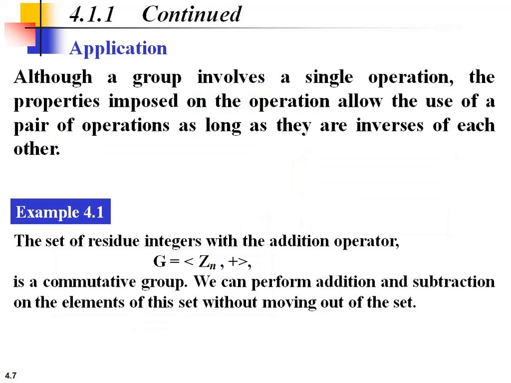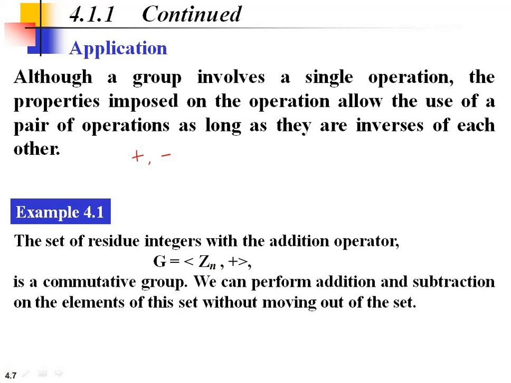Now, where is the application area of these groups? Although a group involves a single operation, the properties imposed on the operation allow us to use a pair of operations as long as they are inverses of each other. Let us suppose that we have a pair of operations like addition and subtraction. Since they are opposite of each other, we can apply both of these operations on a group.